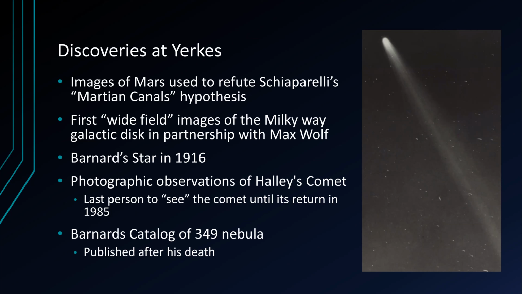It's known as Barnard 33. So there are a lot of objects that are here. Most of these would be very much photographic objects, not necessarily things that you would be able to see easily in a visual telescope. But this catalog was published by the university after his death.